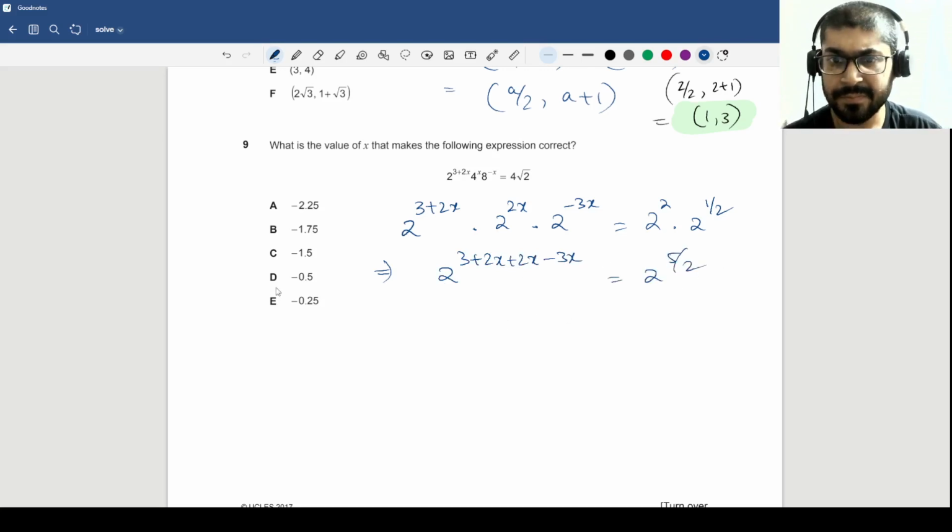Now you can either say that if LHS and RHS are equal and the bases are equal, then the powers will be equal, or you can say taking logarithm to the base 2 on both sides. I think the second one is a much better, mathematically sound argument. So we can just write taking log base 2 on both sides.